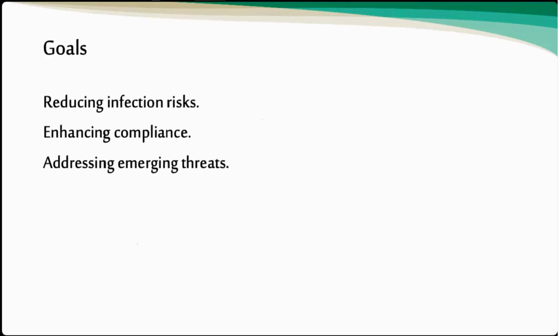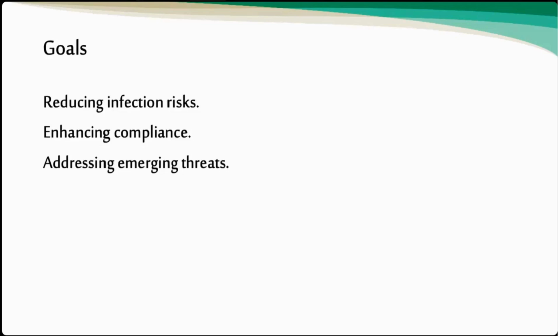So goals can contain reducing infection risk. The plan should address the epidemiologically important infections, processes, and devices that are associated with risks of healthcare associated infections as identified by the hospital.